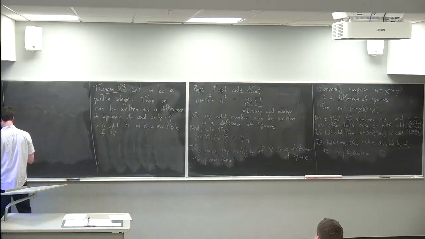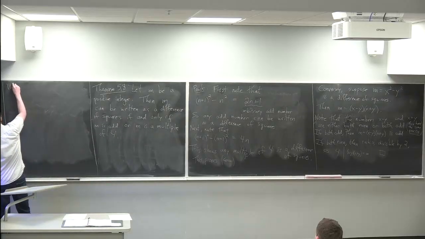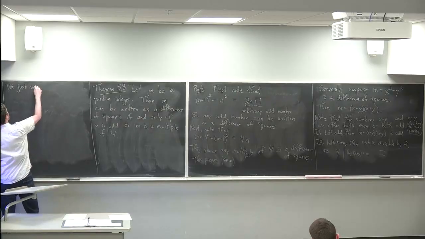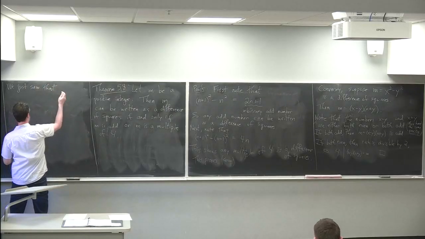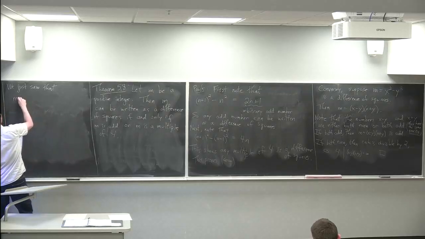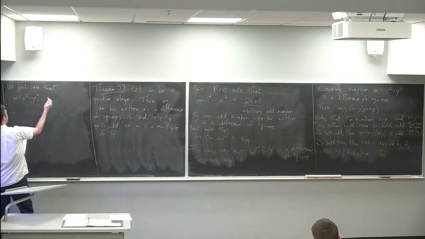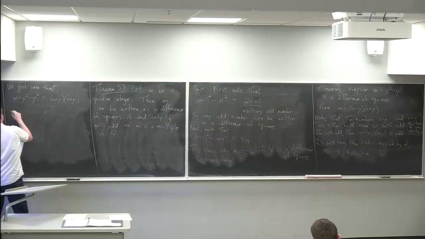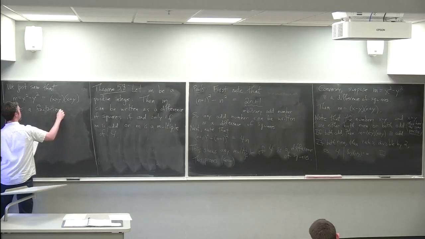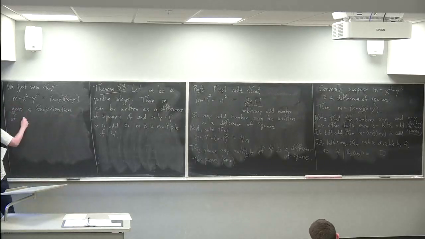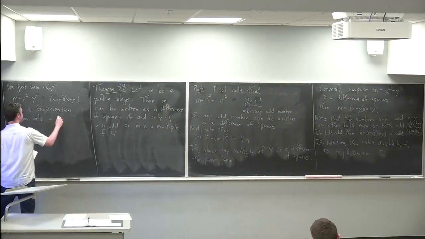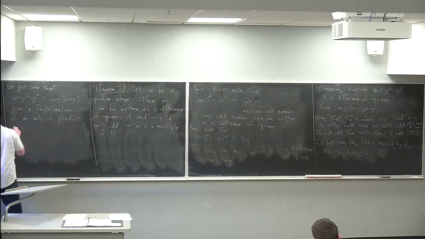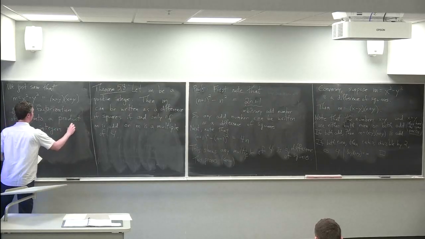What we just saw is that writing m as a difference of two squares gives you a factorization of m into a product of two integers with the same parity.